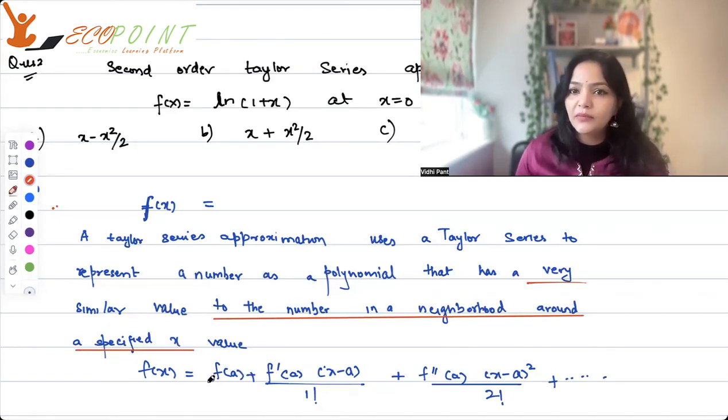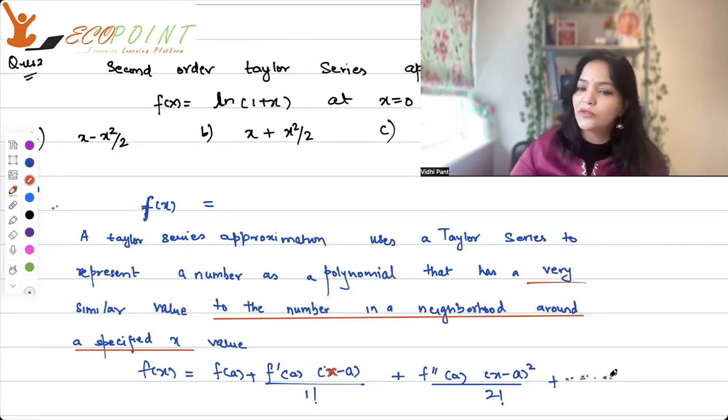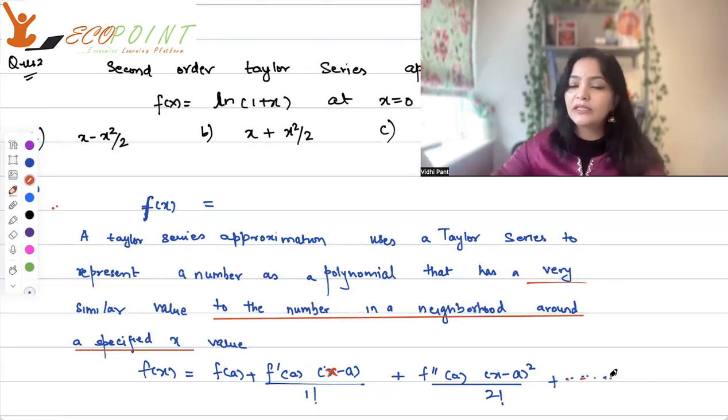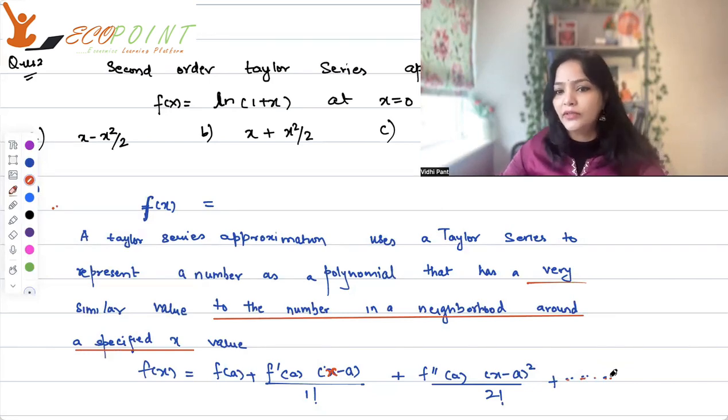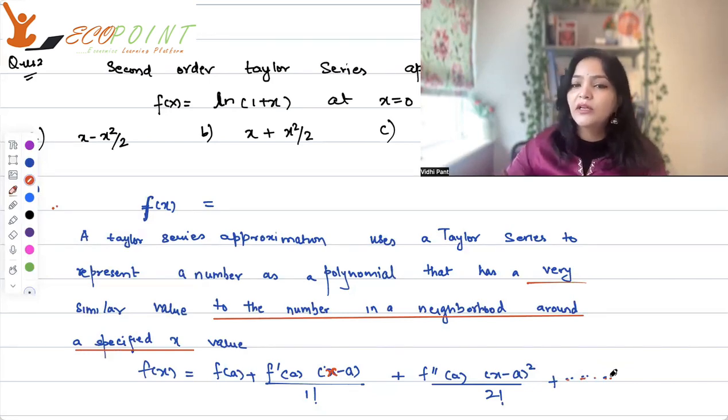So f(x) can be approximated as f(a) plus f dash a into x minus a upon 1 factorial plus f double dash a into x minus a square upon 2 factorial and so on and so forth. So x minus a to the power 3 upon 3 factorial with the triple derivative f triple dash a and so on and so forth.